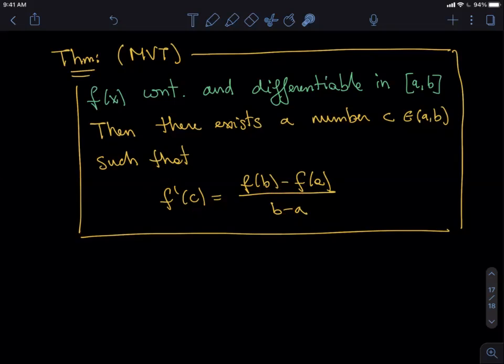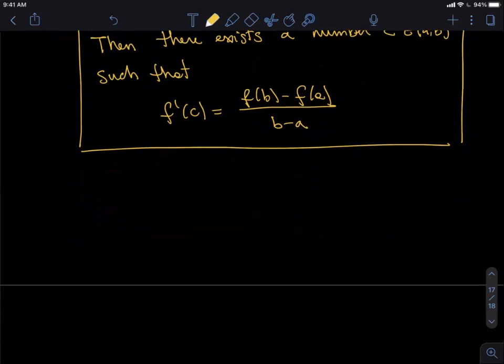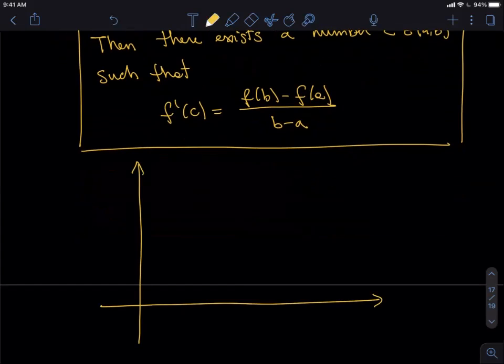What does this mean? Let me show you with a picture what is the meaning of this theorem. Let's say we have a function f of x like this, okay?